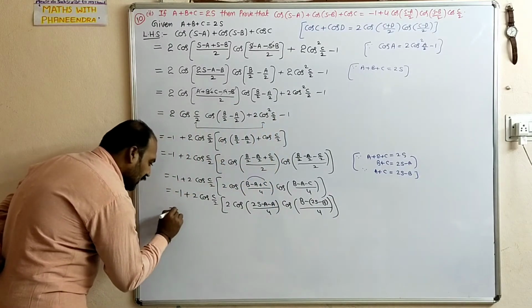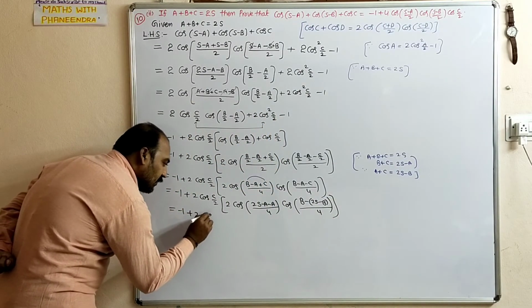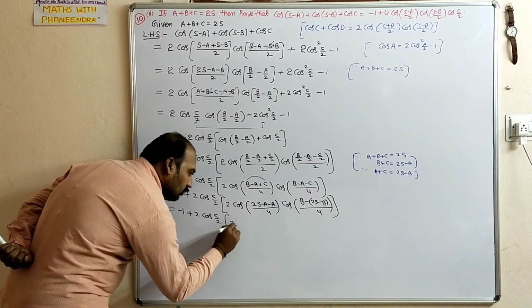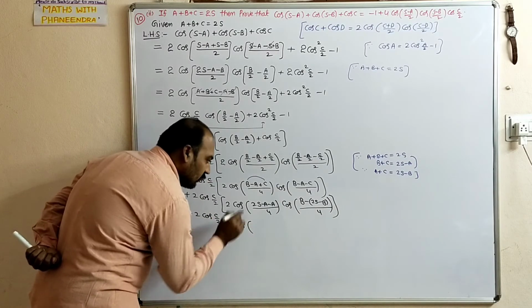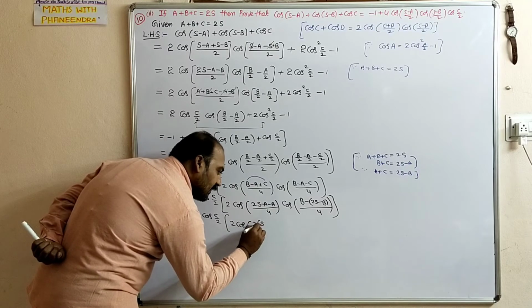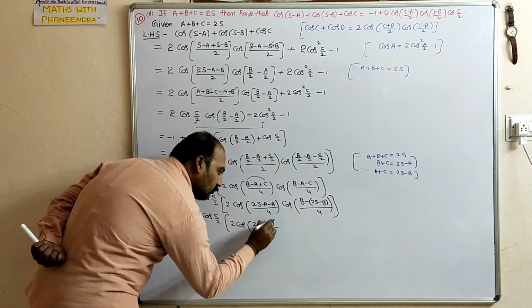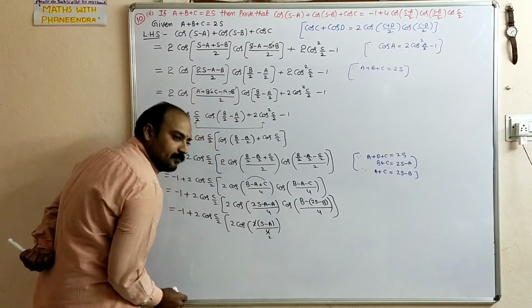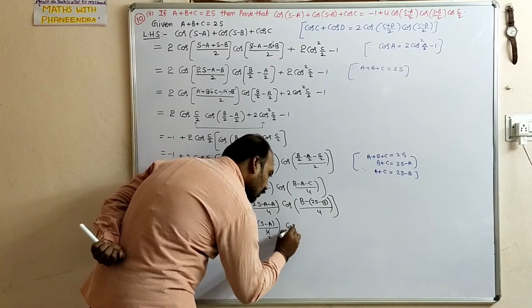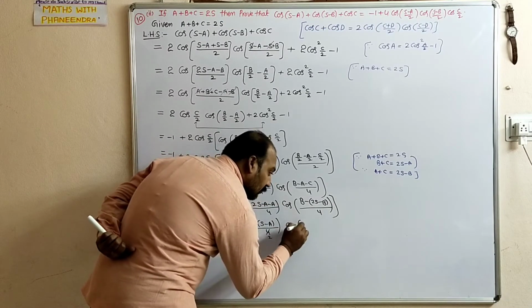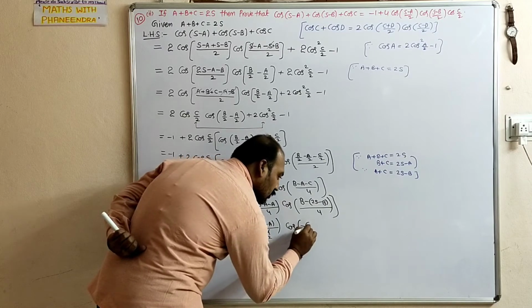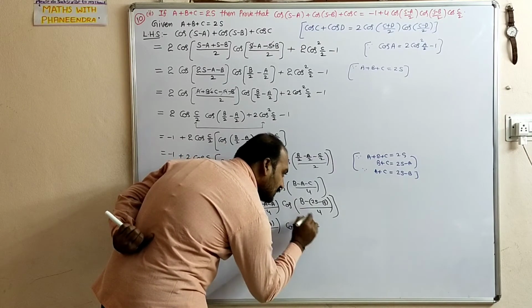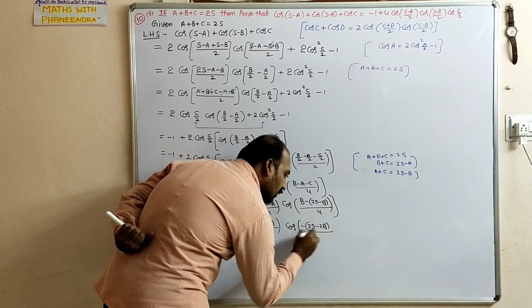So now minus 1 plus 2 cos C/2 into 2 cos of, take common, (S−A)/4, cos of, minus, take common, (2S−2B)/4.